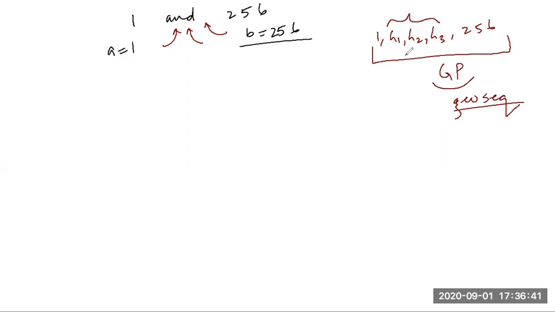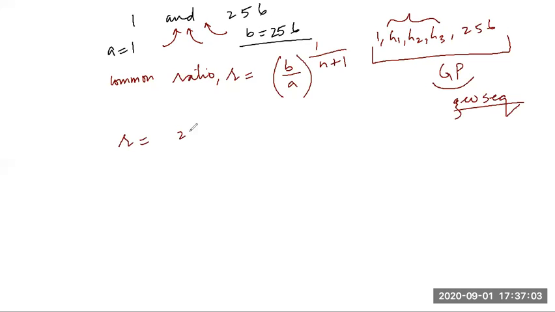So for finding G1, G2, and G3, first we get the common ratio. That is the most important thing. So common ratio R is equal to what? B by A raised to power 1 by n plus 1. So guys, R is equal to B is 256 divided by 1 raised to power 1 by n plus 1.